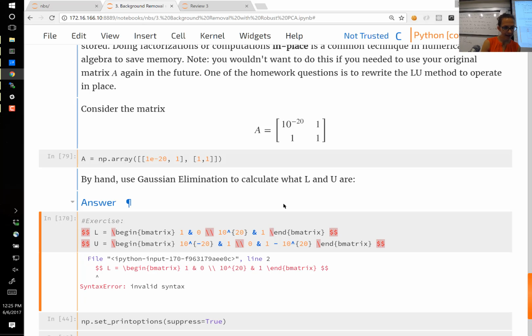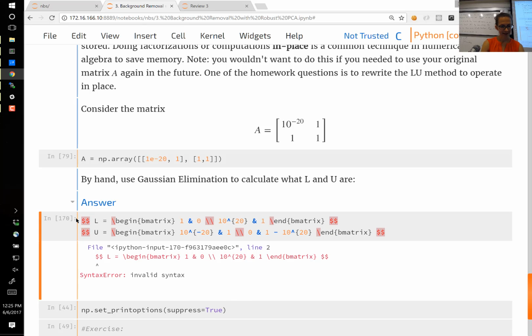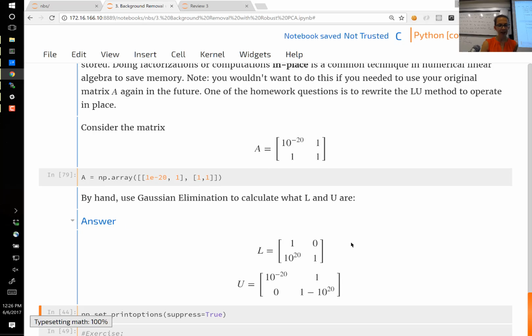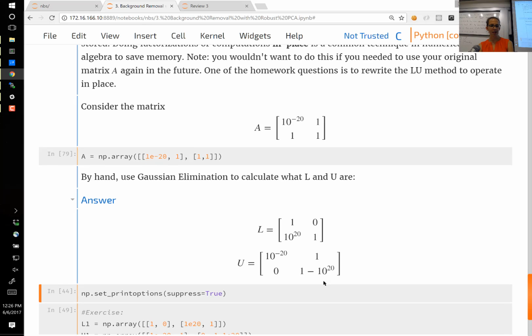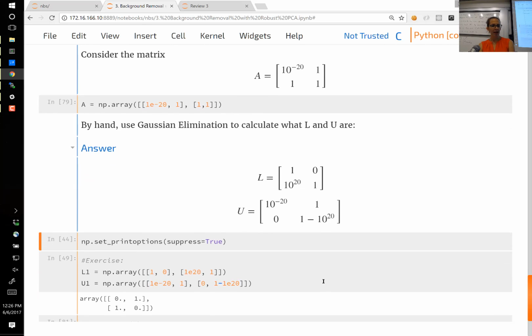Yes, excellent. And then U is 10 to the negative 20th, 1, 0, 1 minus 10 to the 20th, which would be approximately negative 10 to the 20th, since that's so much bigger than 1.